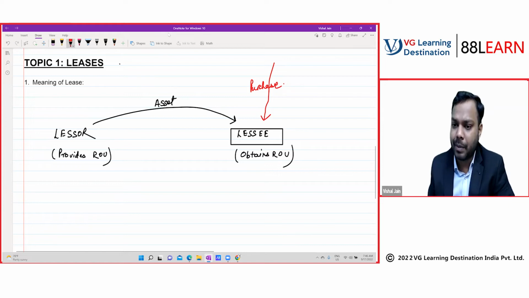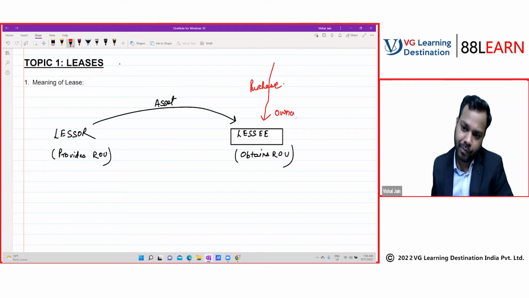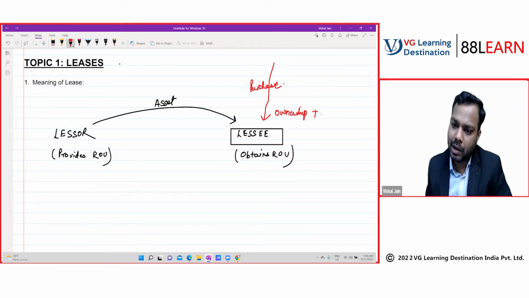How right of use and purchase are different? When the lessee purchases the asset, it gets ownership, plus control over the asset, plus control over the useful life of the asset.